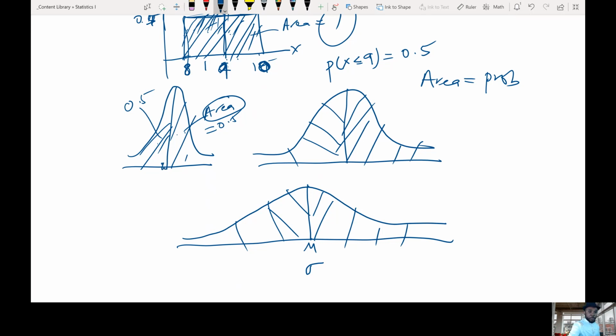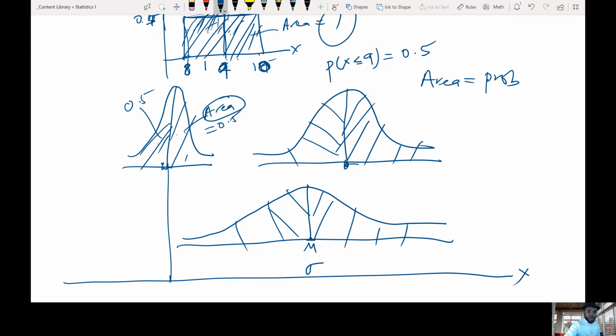So I can shift it from this point to this point, to this point. Let's assume there was a straight x line, and this is the location of this distribution, this is the location of this distribution, and that's the location of this distribution. So shifting the mean shifts the distribution either to the left or to the right on this x-axis.